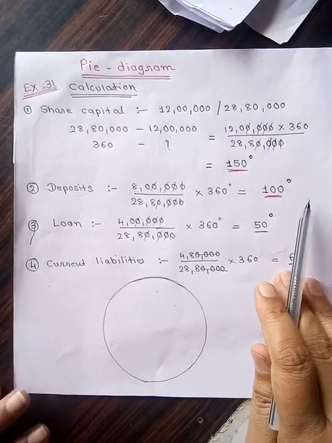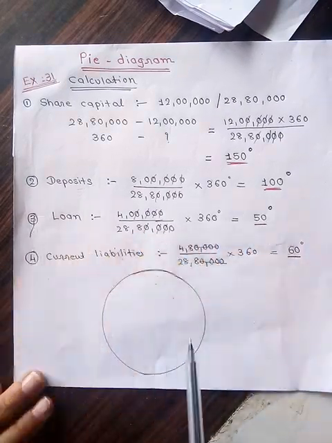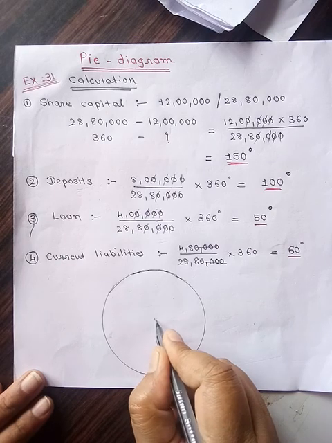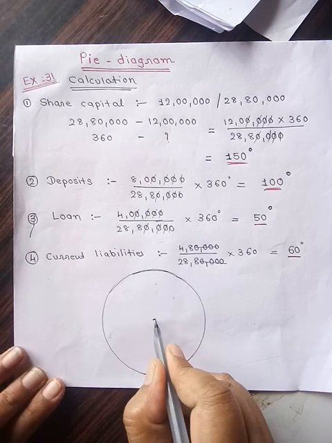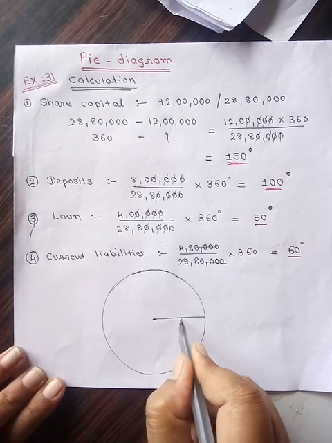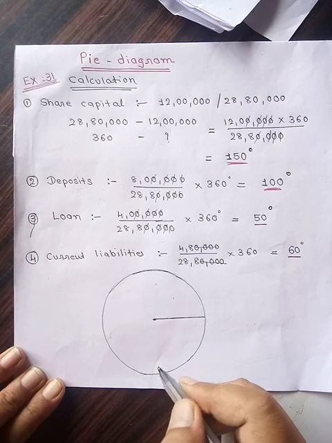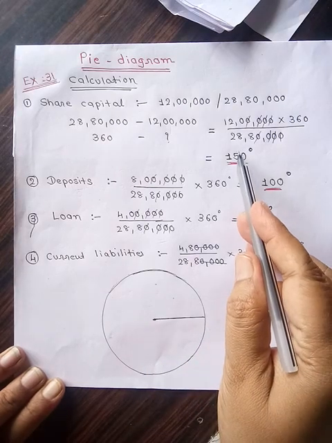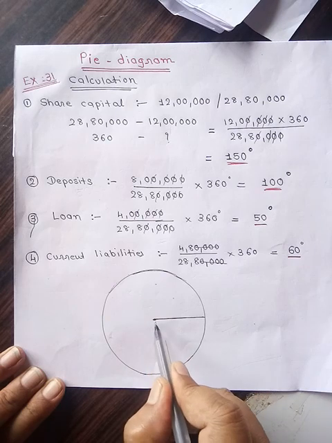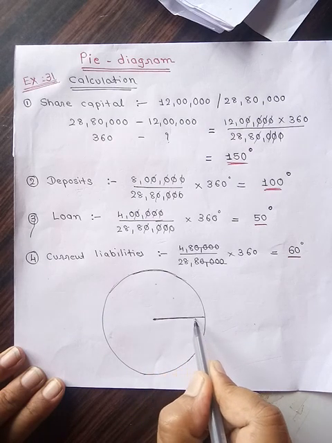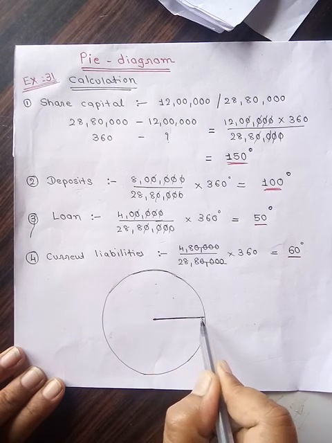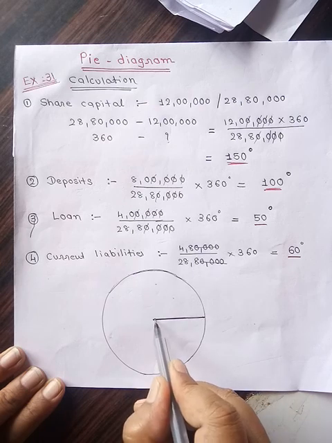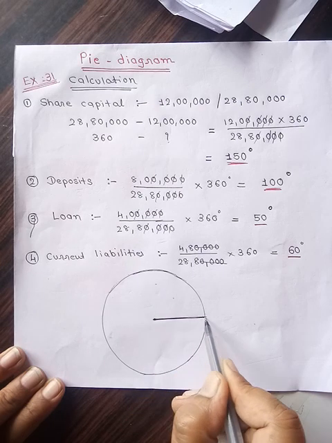Now how to draw a pie diagram? Circle first of all. Now suppose this is the center. So draw a straight line. Now first is 150 degrees. So you know how to use your compass, your protractor. Keep it here. 0 should come here.